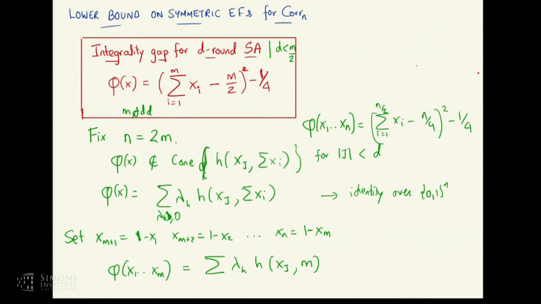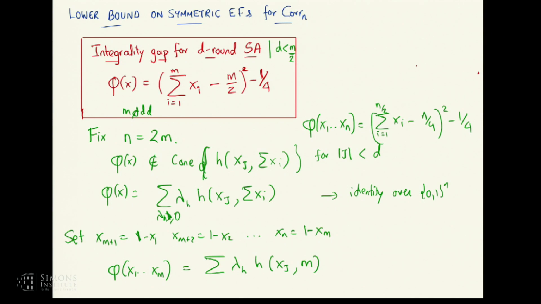So I may as well fix the dummy bits to the complement of the original bits and see what happens to this identity. It becomes an identity of this form, where we have written the original hard instance for Shirley-Adams as a non-negative combination of juntas. So that would be the objective function certificate.